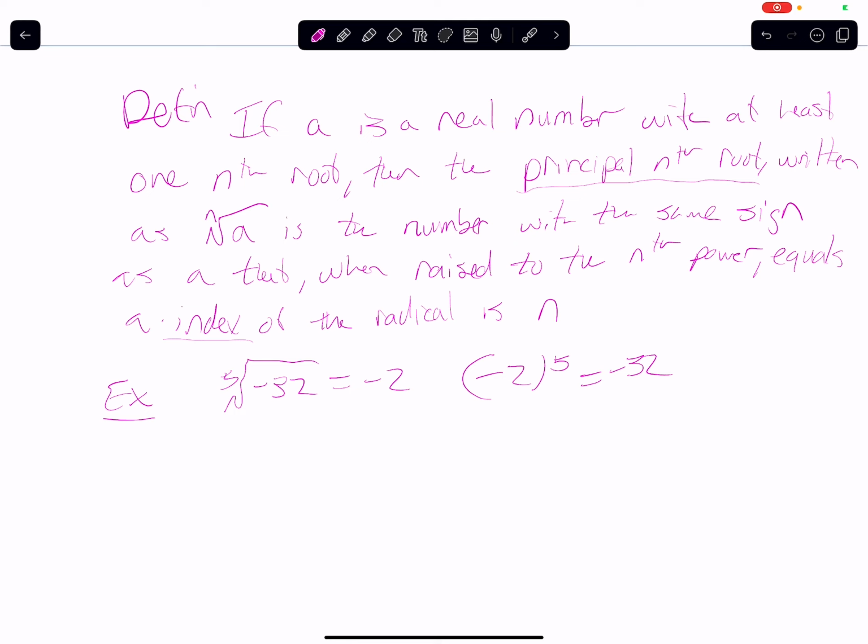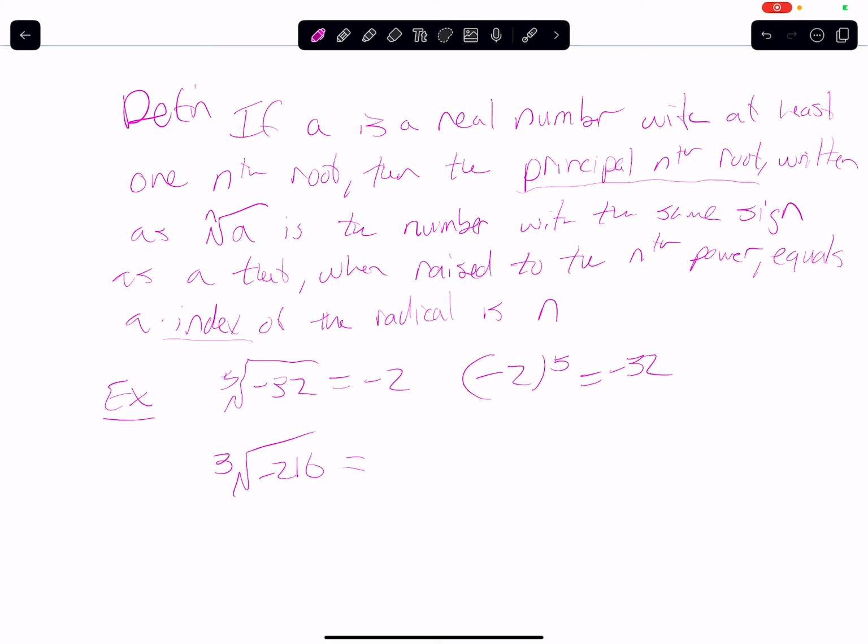Let's consider another example. What if we have the cube root of -216? Remember, in our definition, it has to have the same sign as our original number.